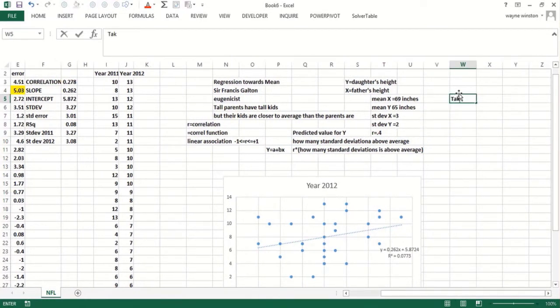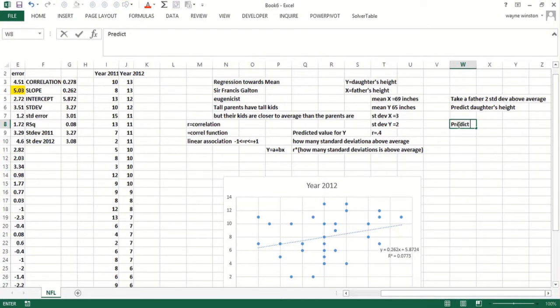So take a father 2 standard deviations above average, and predict the daughter's height. Okay, well, if the father is 2 standard deviations above average, the correlation is 0.4.